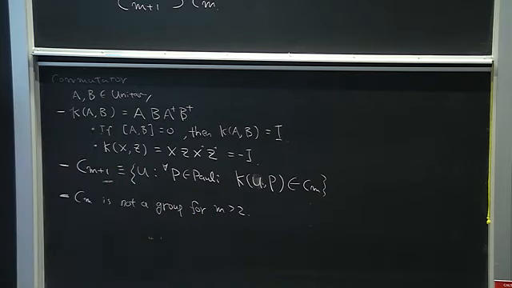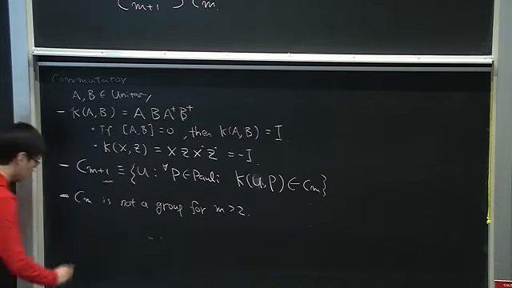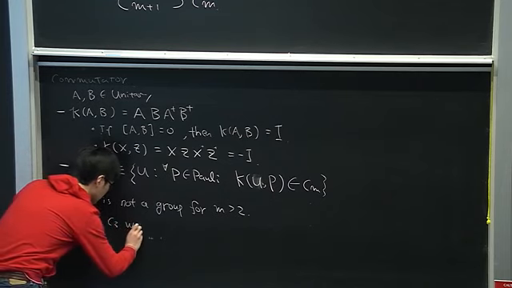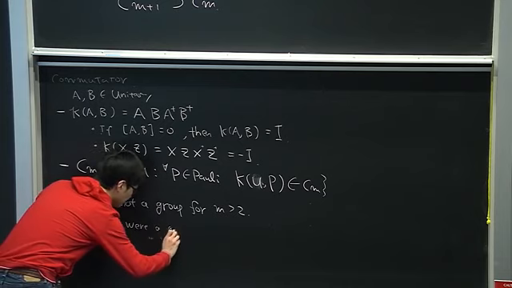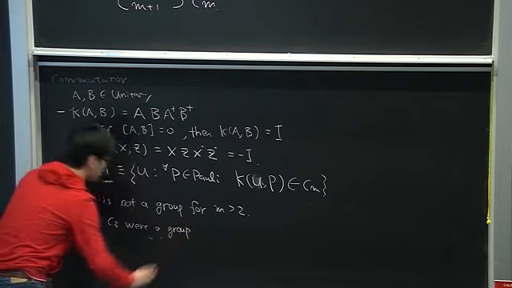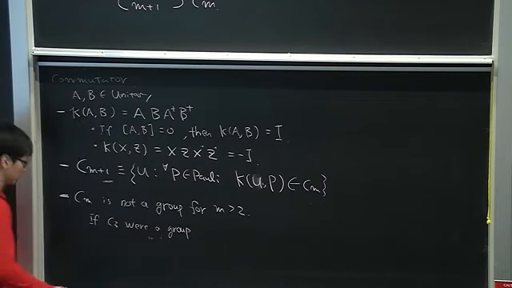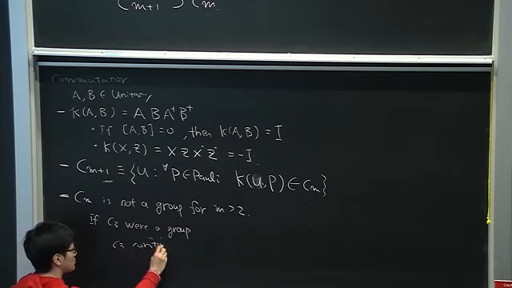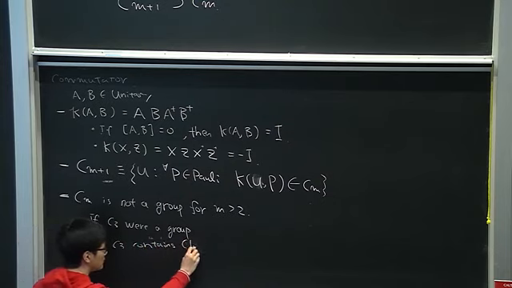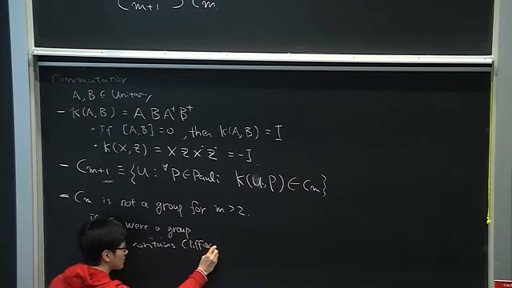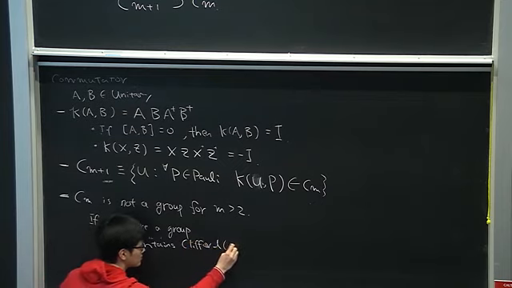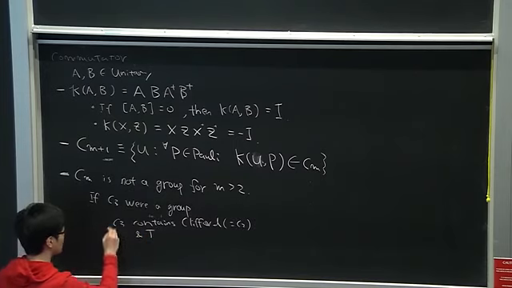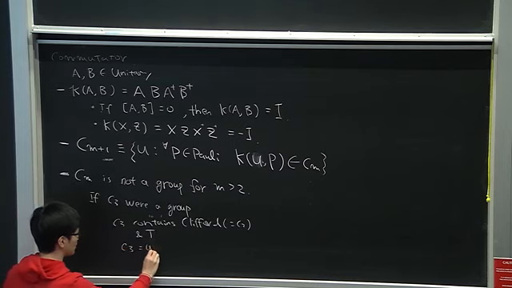The reason is the following. If it was a group, then the problem is that C3 contains the full Clifford group, that is C2, basically, and T-gate, which means that C3 is the unitary group itself.